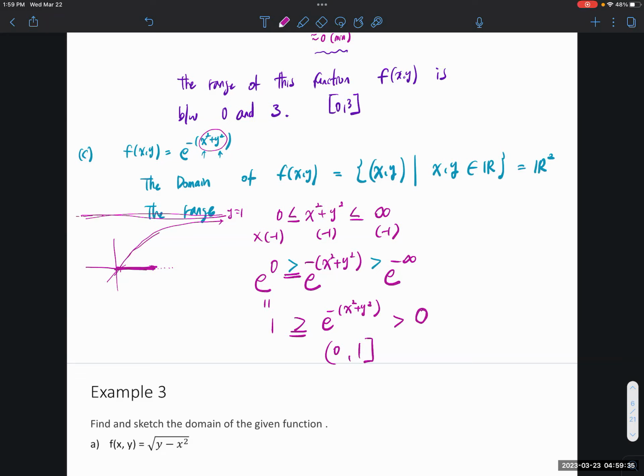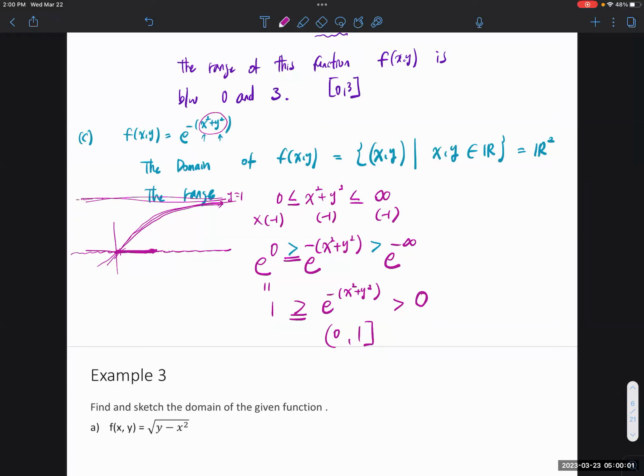They'll keep getting closer and closer, but never touch. But your domain can be any real number, but the range is going to be only positive. My graph might not be correct, but the idea is domain and range could be different. But in this case, we found out the range is going to be between 0 and 1. So that's the idea.